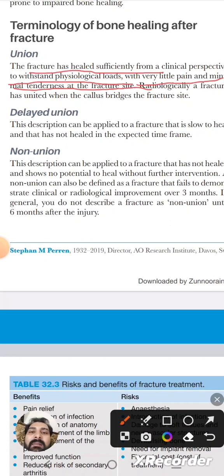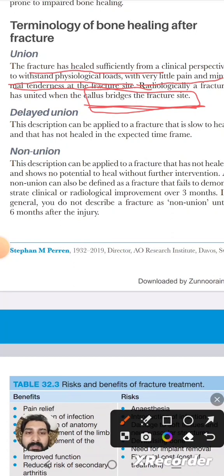Radiologically, when the bridging callus has formed at the fracture site, when the callus bridges the fracture site, we say union has occurred.